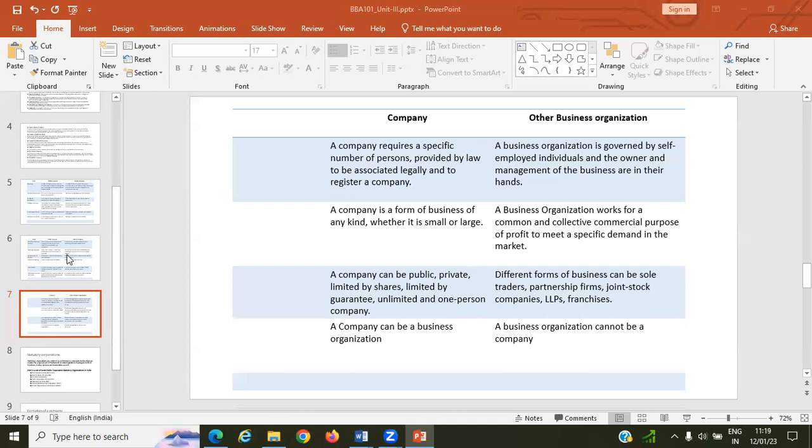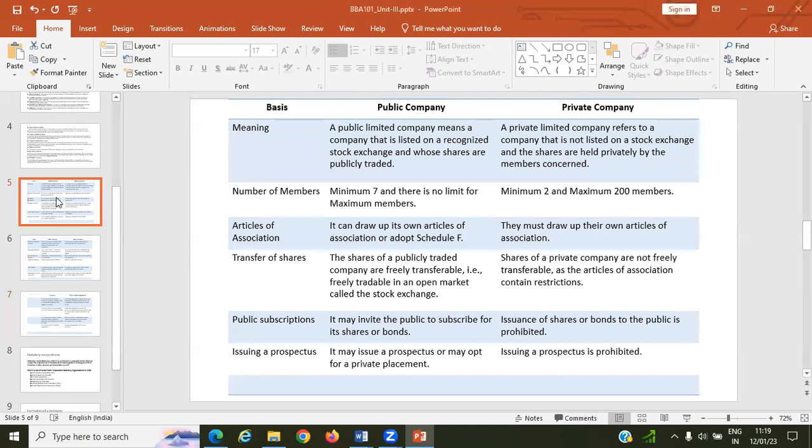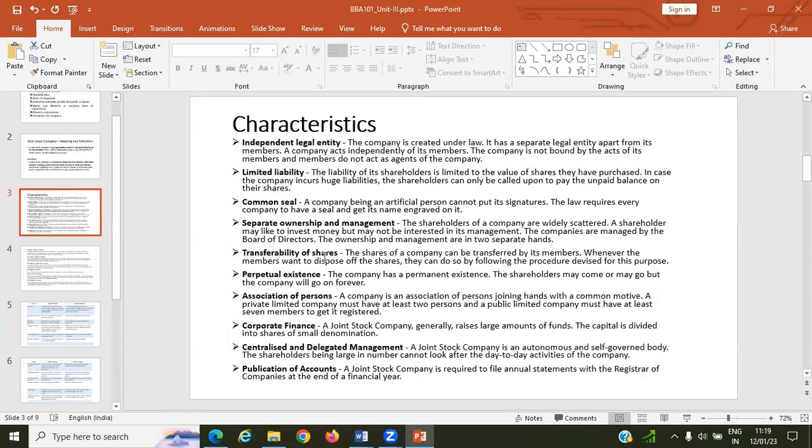Before that, you understood the difference between a public company and a private company, and the characteristics. These are the most important things. So if you compare sole proprietorship, partnership, and joint stock company, you can see the scope and the volume.